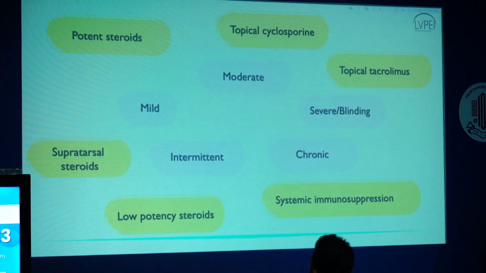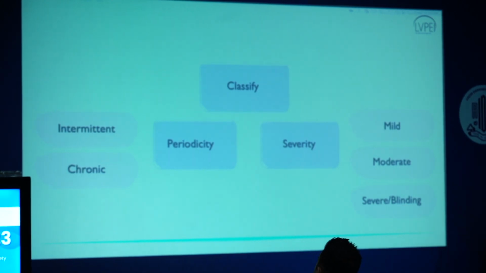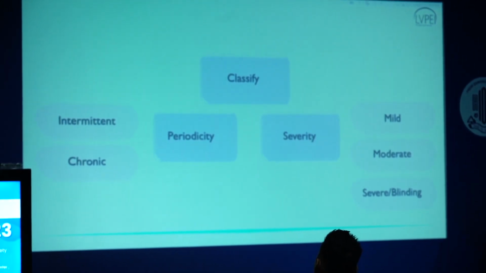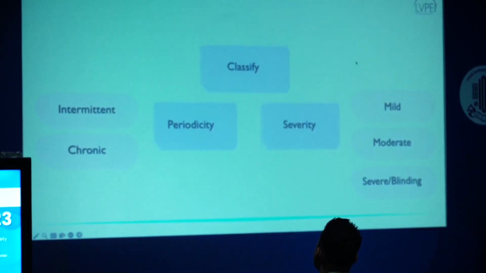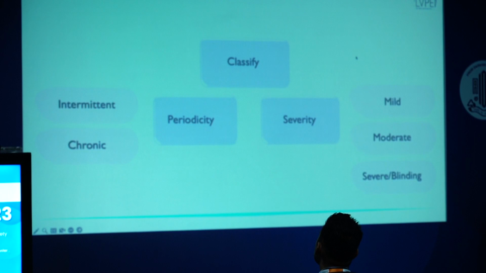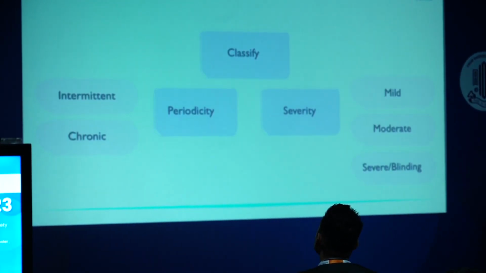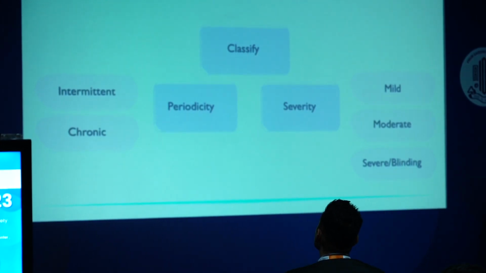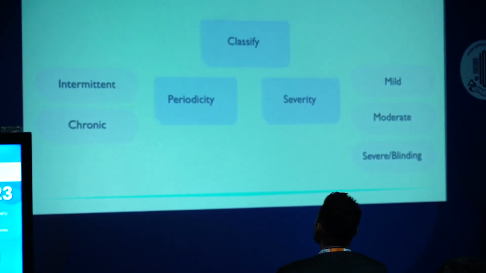And an important reason for this is the fact that these patients are not correctly classified. So, what happens because of this is that the patients are either undertreated or overtreated. For example, a patient who has an intermittent disease which is mild may get repeated courses of steroids and develop complications because of the chronic steroid use. And on the other hand, a patient who has a chronic disease may not get adequate medical therapy and have frequent relapses.